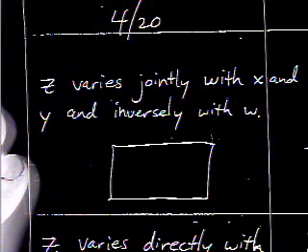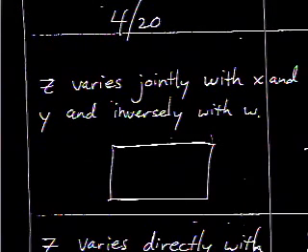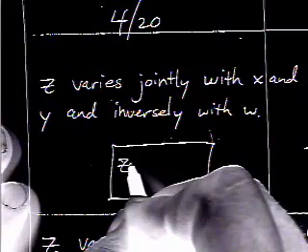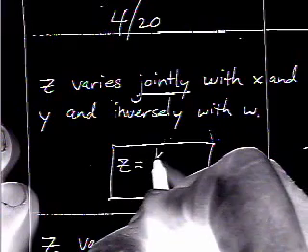Continuing on with more combined variation, we have Z varies jointly with X and Y and inversely with W. Okay, now we're throwing more stuff at you. Z varies jointly. Okay, that's directly related, right?